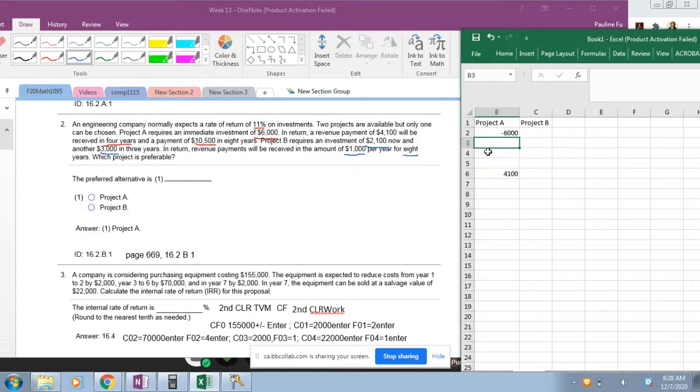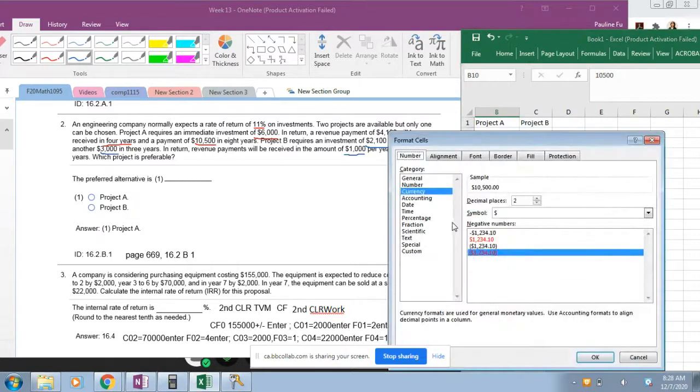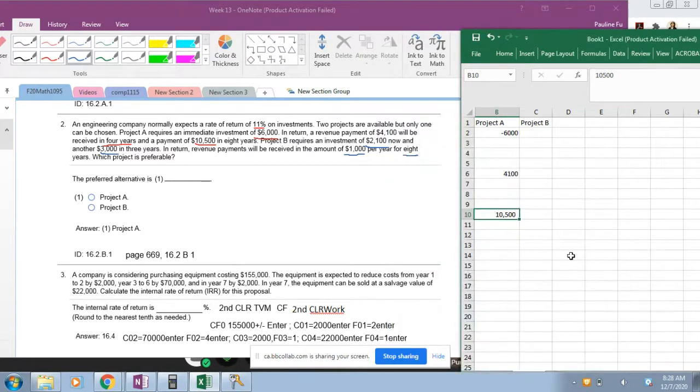So year 1, year 2, year 3, year 4, 5, 6, 7, 8, in year 8 you'll receive 10,500. I don't want decimal place, so 0 decimal, and the number without dollar sign. So this is the project A situation.